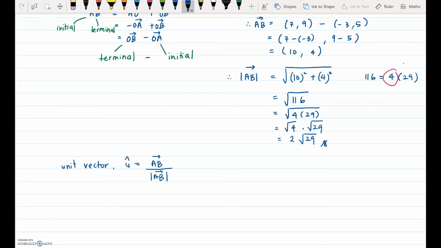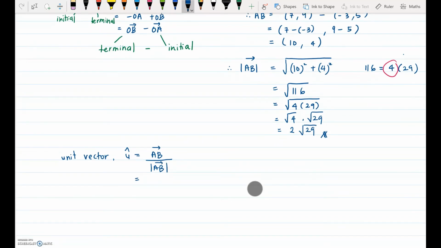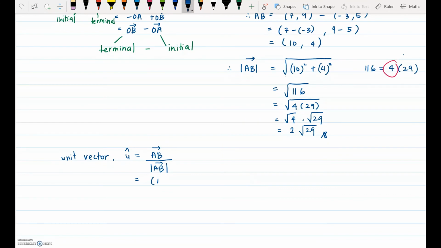What is your vector AB? It is 10 and 4. So 10, 4 divided by the magnitude, which is 2 square root 29. Meaning you have to separate for each x and y. So 10 over 2 square root 29, 4 over 2 square root 29.